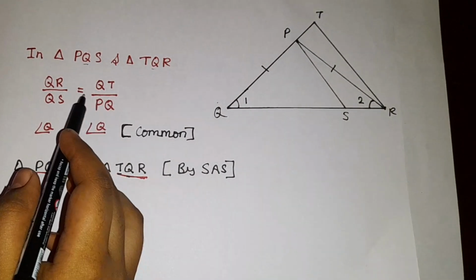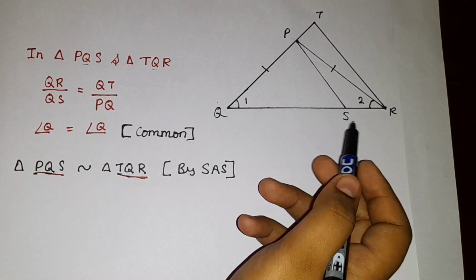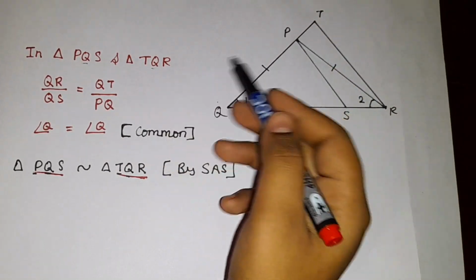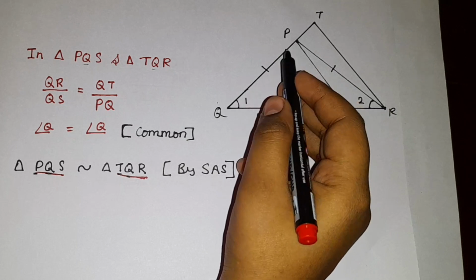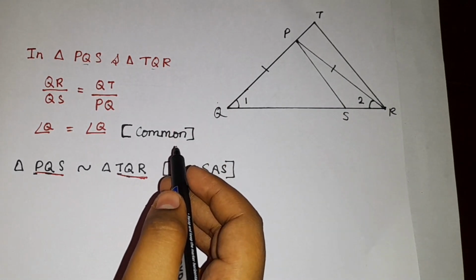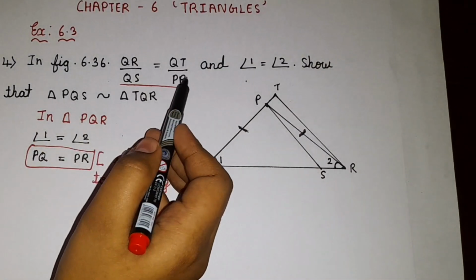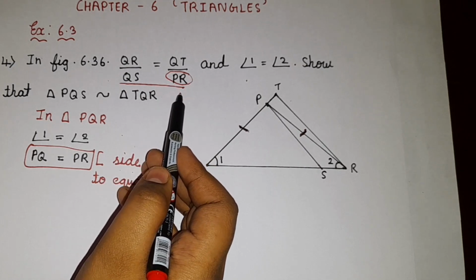Why? Because QR by QS, it is lying on the same line, and QT by PQ, so PQ is here. Now QT and PQ, they are lying on the same line. So in the starting of the video I told you guys that it was not lying on the same line. Why? Because in the question they just mentioned PR. Just because they mentioned PR only, it was difficult for us, am I right?